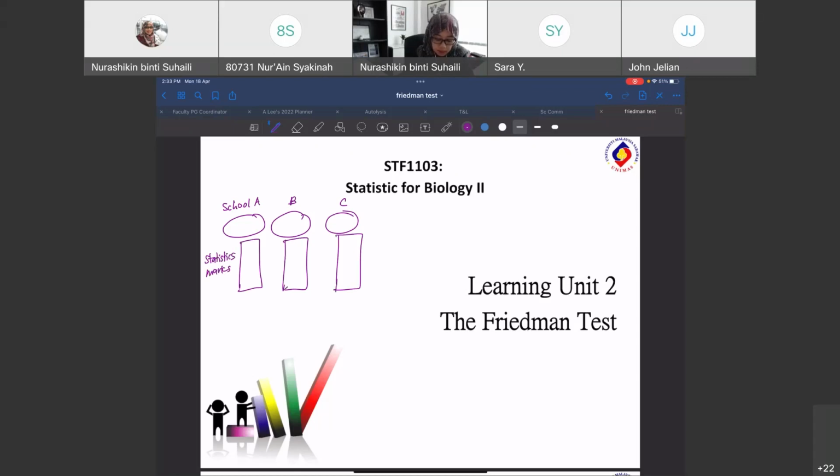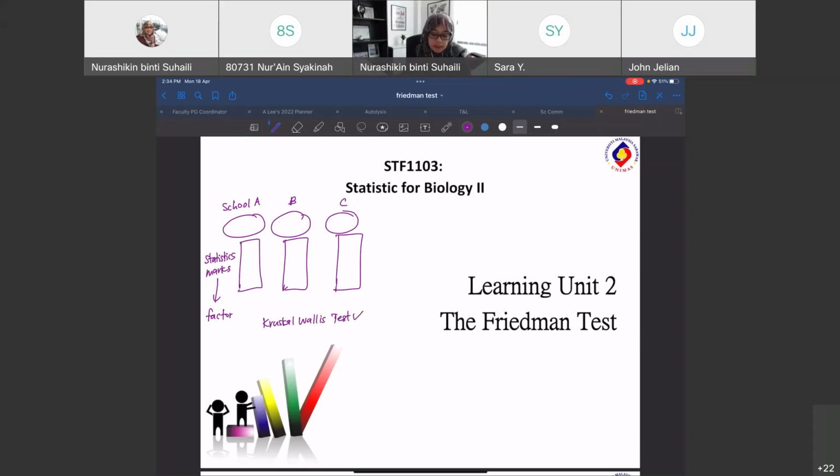Here, this is the factor, the thing that we want to compare. Because our factor is only one, we can use Kruskal-Wallis, because there are more than two independent samples. Here we have three, so we can use this test.